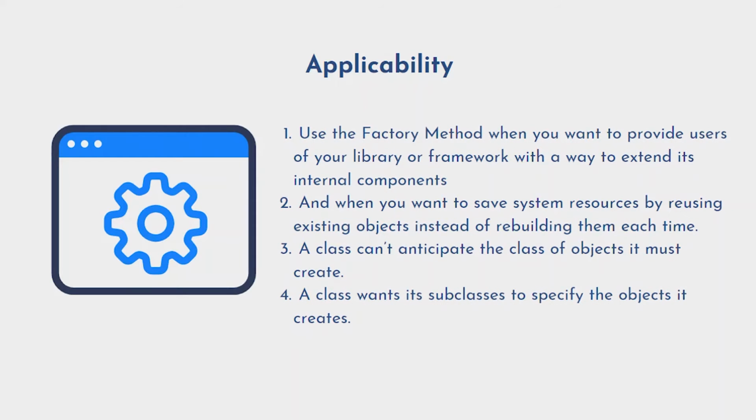Okay, the applicability: the factory method is used when you want to provide users of your library or framework with a way to extend its internal components, and also when you want to save system resources by reusing existing objects instead of rebuilding them each time. It is also used when a class can't anticipate the class of objects it must create, and when a class wants its subclasses to specify the objects it creates.